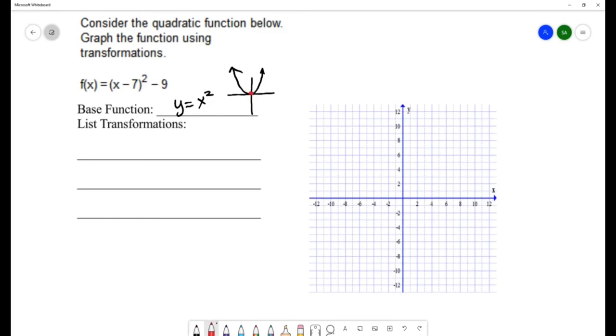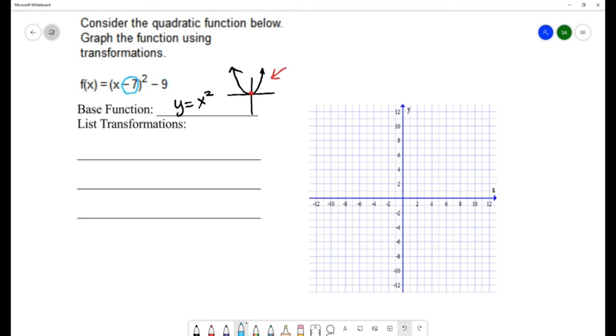Now this is important because we're going to transform this graph by shifting or reflecting or stretching and compressing. And if we know what the graph starts looking like, it's going to help us to understand what to transform to. Now looking at this example, I can see two transformations. We've got this minus 7 and minus 9.